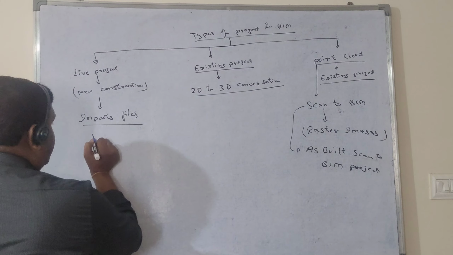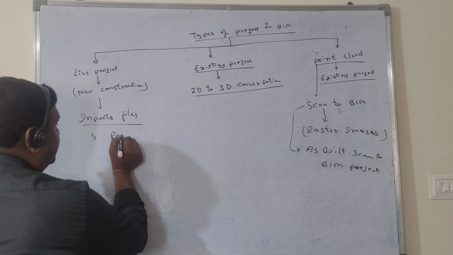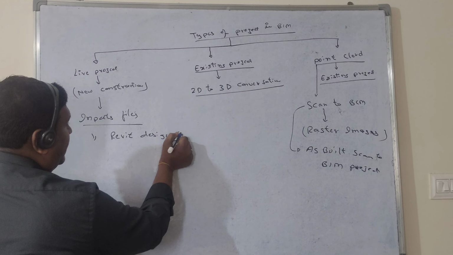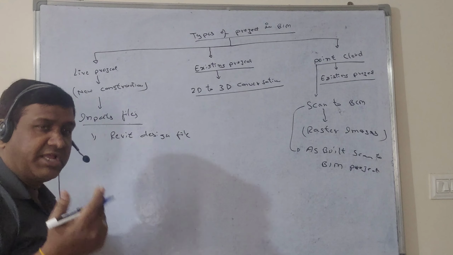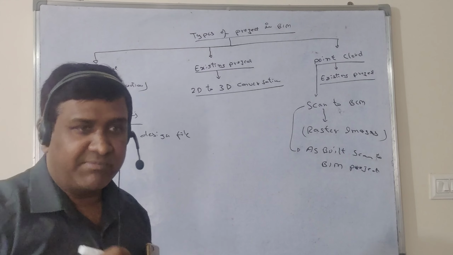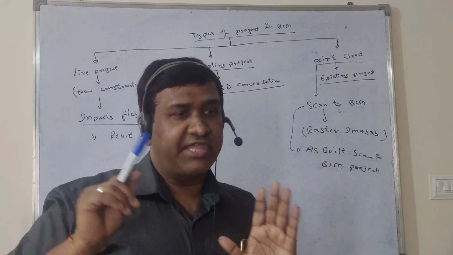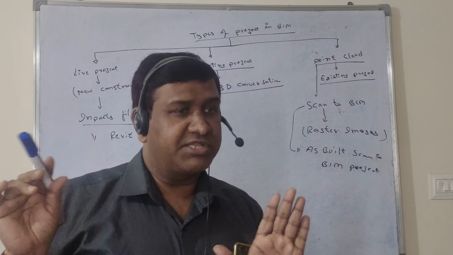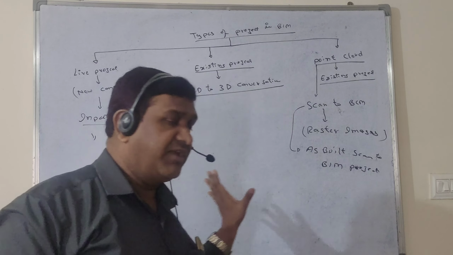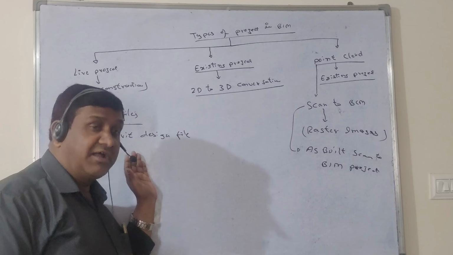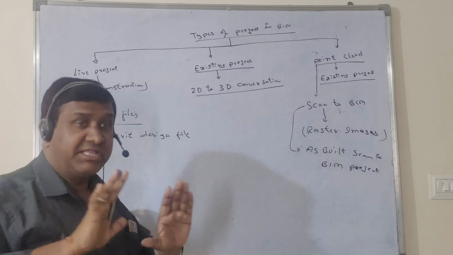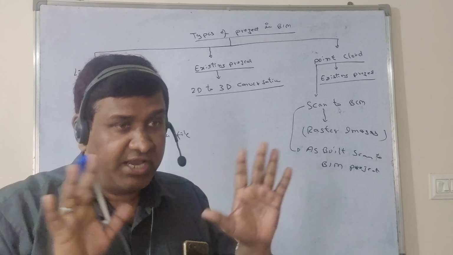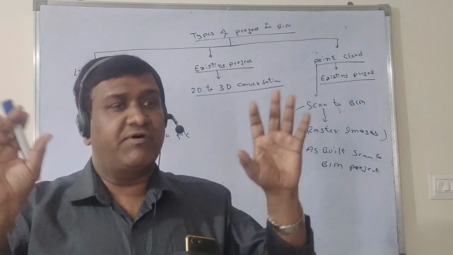In the live project you will get a REVIT design file. We call this the REVIT design model file. Some companies have already designed all the new construction components as they will require them. They design the file in REVIT, but that design file does not have full information. It is like overview information.